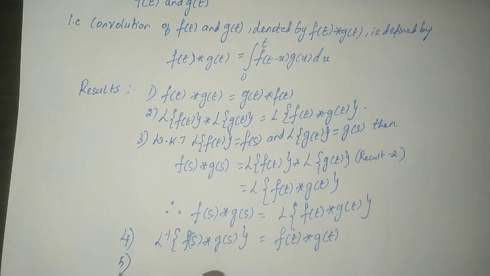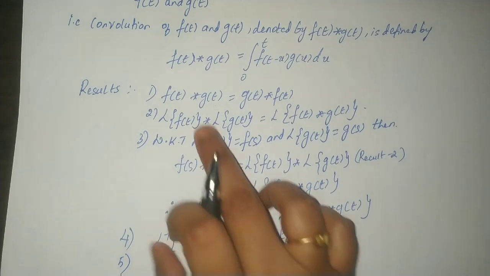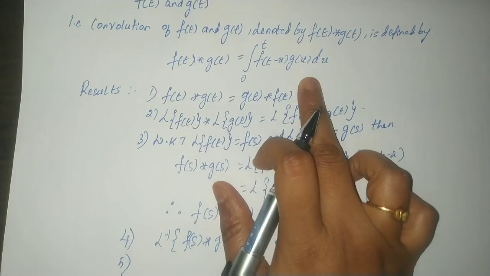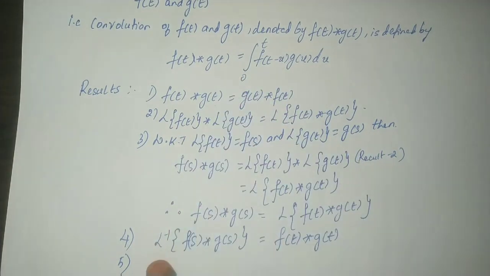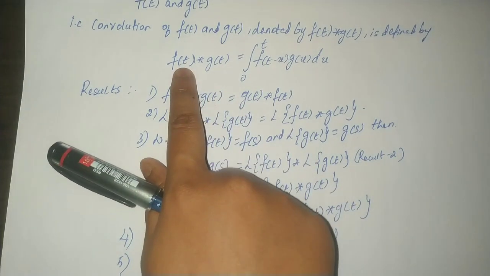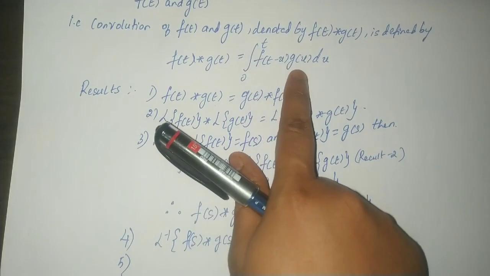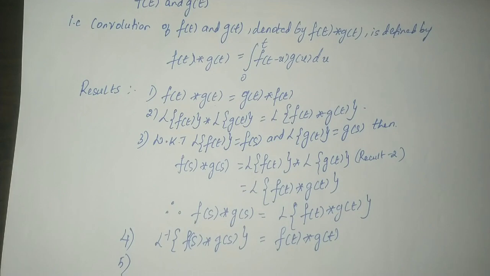So our fifth result is, f of t star g of t, we know its convolution formula, right? So from this, how to get L inverse of f of s into g of s? See the result. L inverse of f of s into g of s can be written as f of t star g of t. Go back to the formula, f of t star g of t can be written as integral 0 to t f of t minus u g of u du.